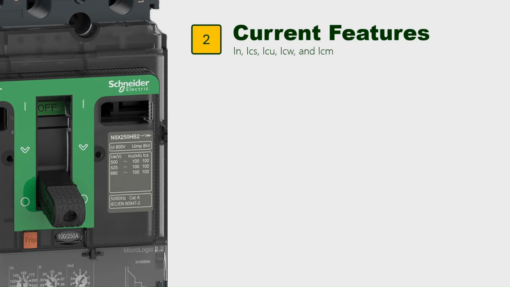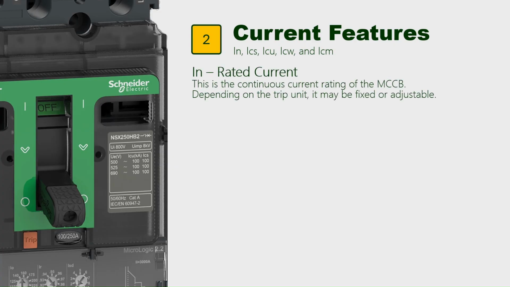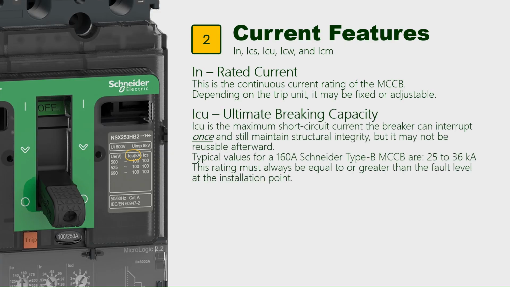Next, we move to the current-related ratings, or current features: IN, ICS, ICU, ICW, and ICM. IN is the rated current. This is the continuous current rating of the MCCB. Depending on the trip unit, it may be fixed or adjustable. ICU, ultimate breaking capacity.